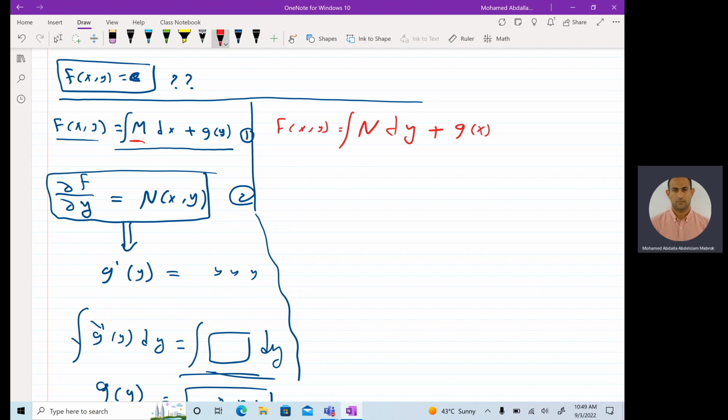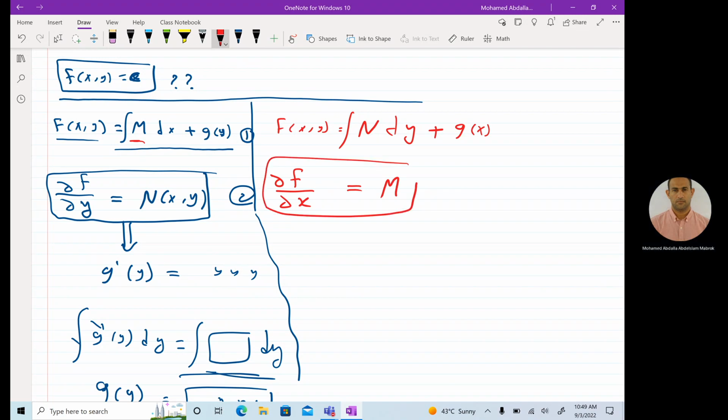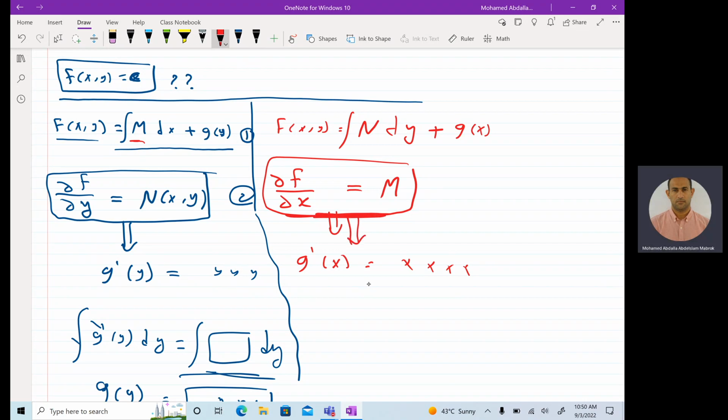Then you might guess that we do partial f by partial x and make this equal to M. From this, we generate g dash of x, which will equal some x's here, and then you integrate those x's. That depends on the particular problem that you're solving.